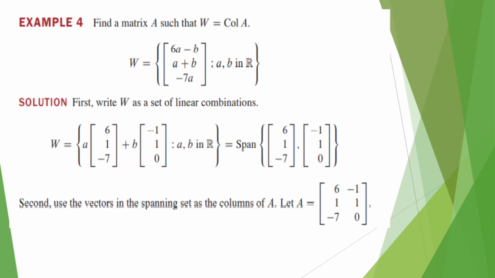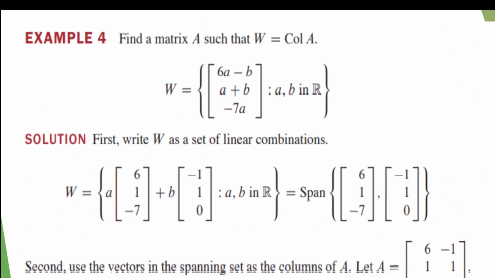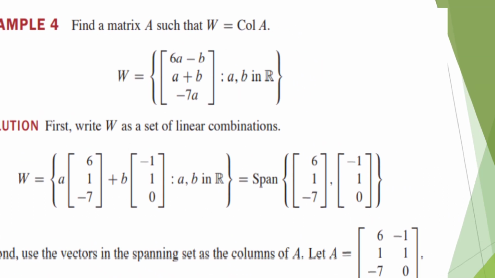Now the problem: find a matrix A such that W = Col A. From this definition we find matrix A, using the fact that a column space is the set of linear combinations of the columns.